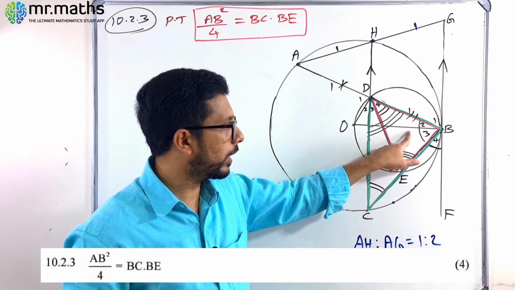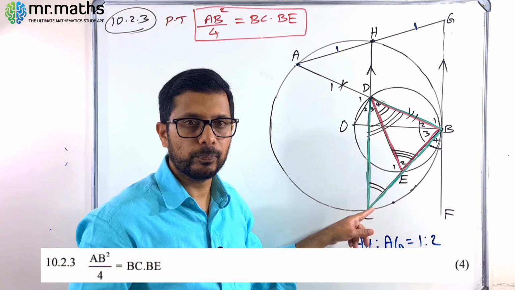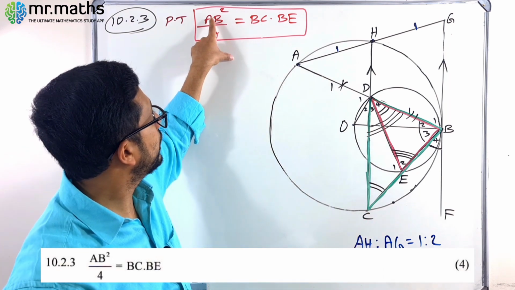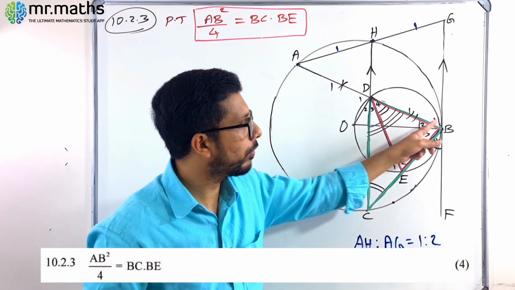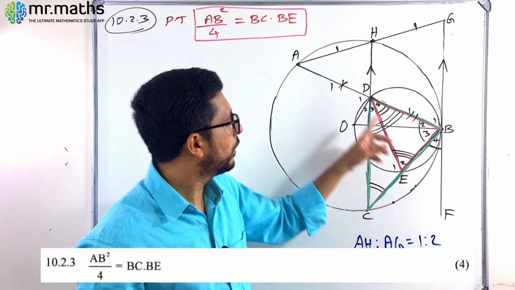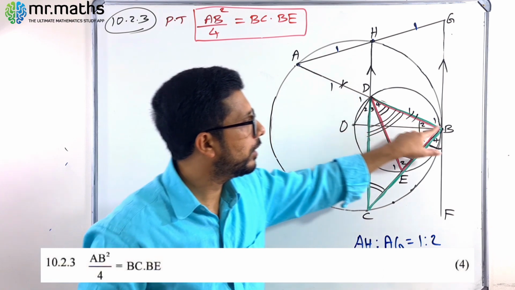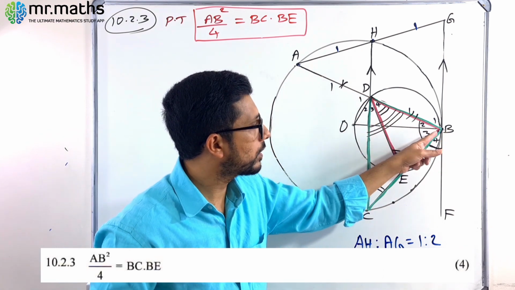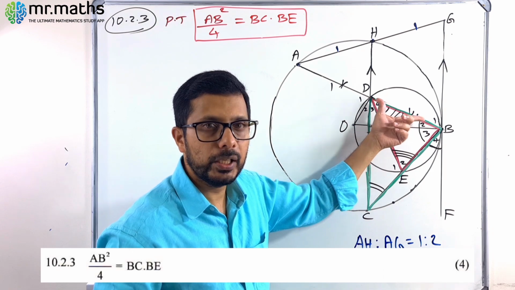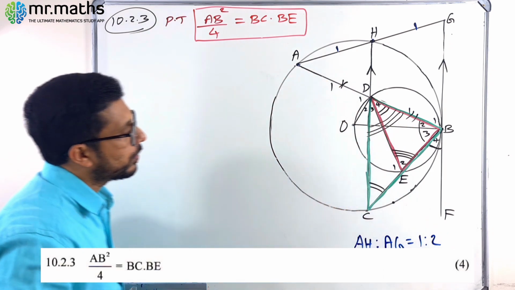They took this triangle and this big triangle, the red triangle and the green triangle. And this AB we can take as a double of DB, because in the previous question we already proved that AD and DB are equal. So AB is a double of DB. You understand?